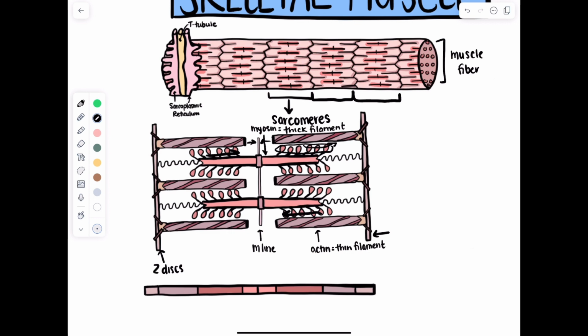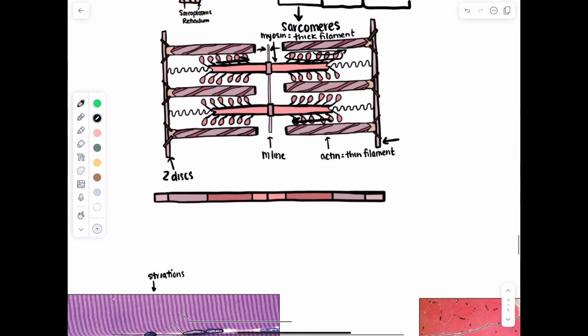Okay. So now let's look at how we define some of these areas. I color-coded it here as we come down. In the middle is my M line. On either side of my M line, in the area where I only see myosin, only thick filament, we call that our H zone.